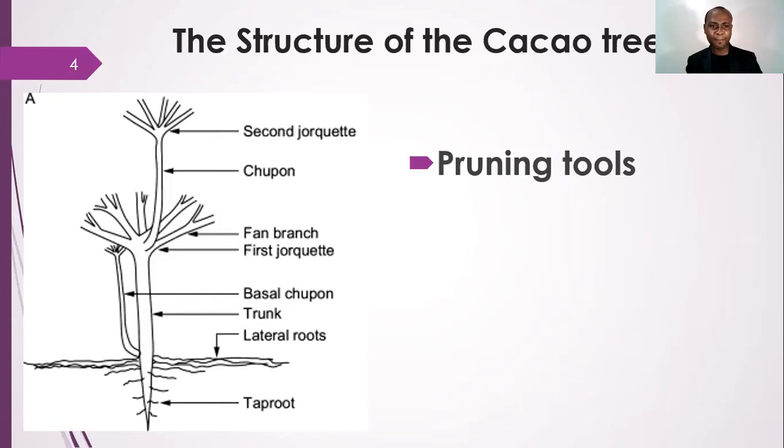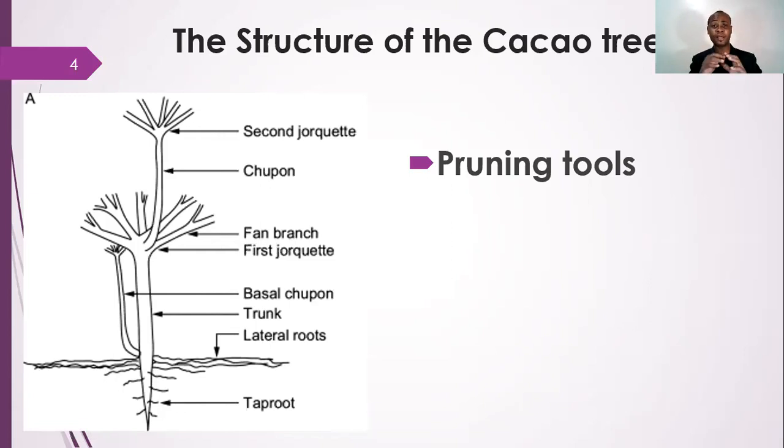And then up here you can allow more branches for the first jockey. You could allow a maximum of 5 branches there, talking about the fan branches over here. But the main stems should be around 2 only.